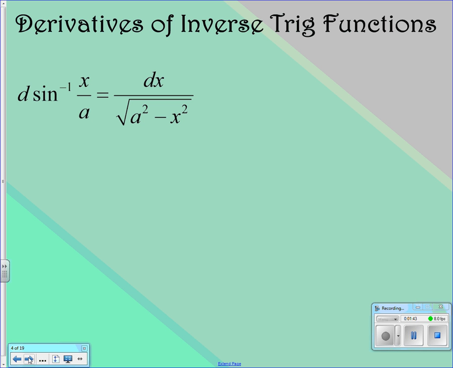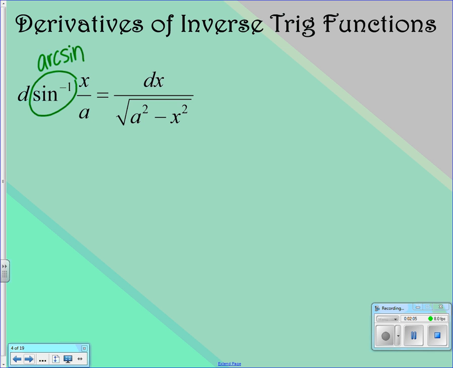So the first derivative for the inverse trig functions that we're going to look at is sine inverse. This sine inverse right here, this is the same thing as arc sine. So sometimes they'll write it as arc sine, sometimes they'll write it as sine inverse.